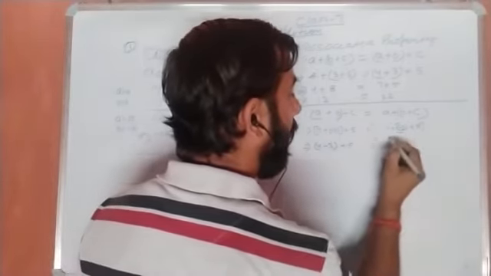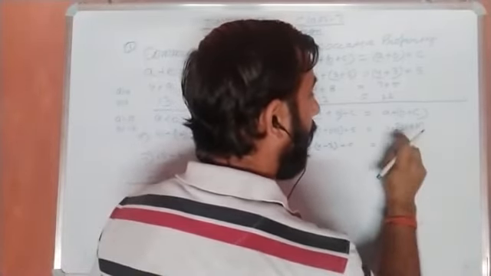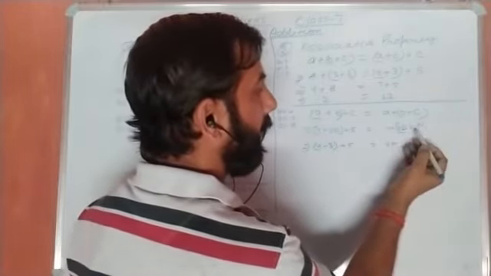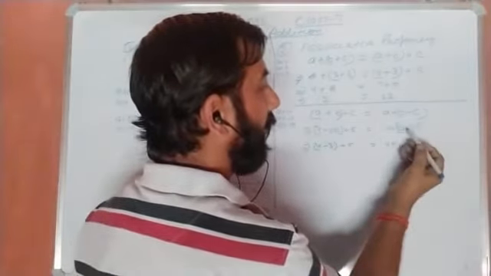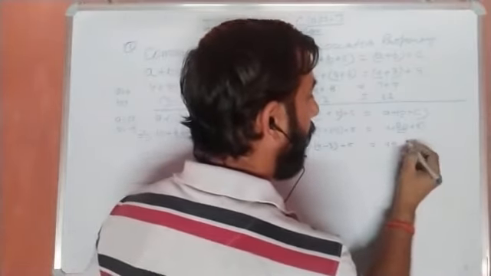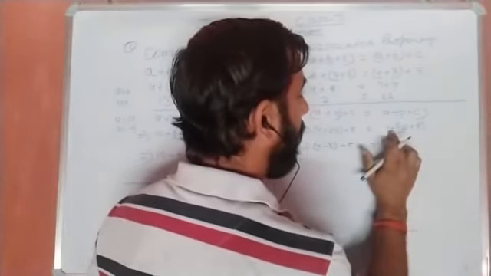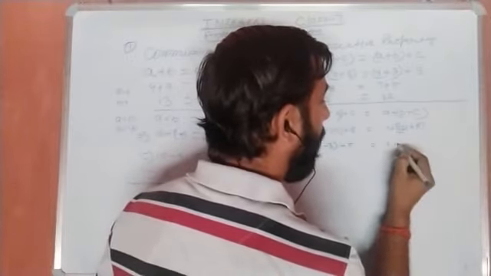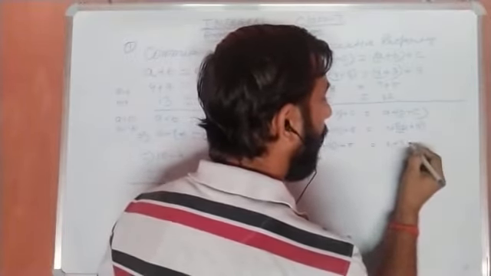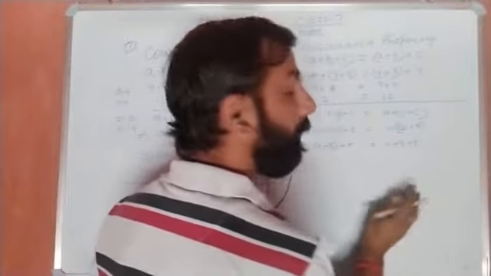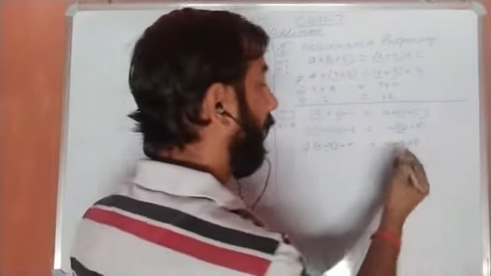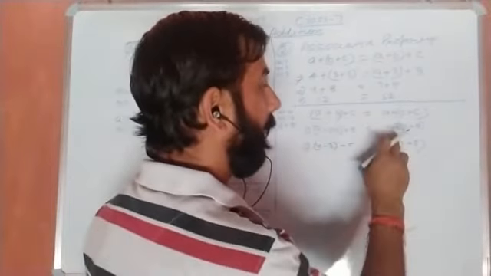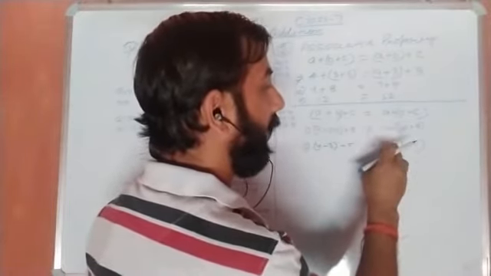Here it will be 4 plus, and outside the bracket it is minus, plus, minus. So we can put here -3 plus 5. Clear? Now we can put the small bracket here. Plus minus is minus.